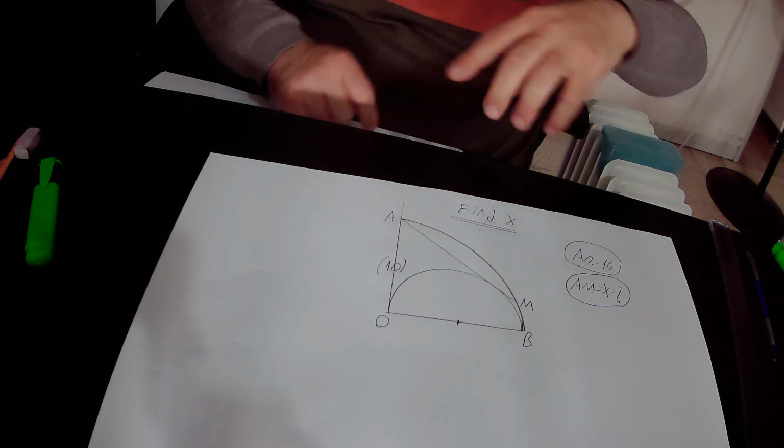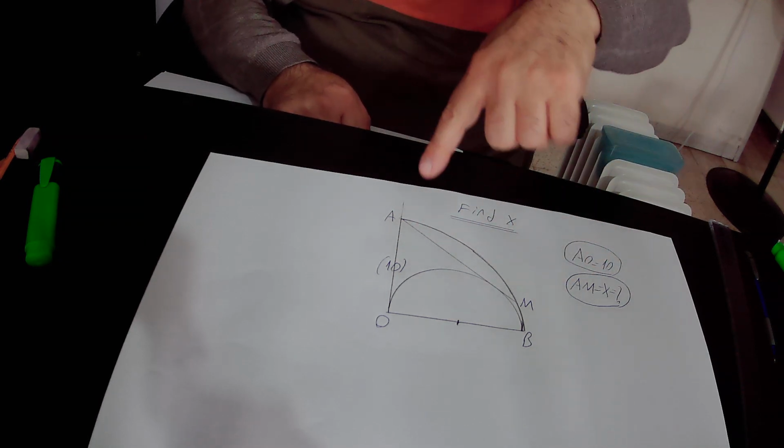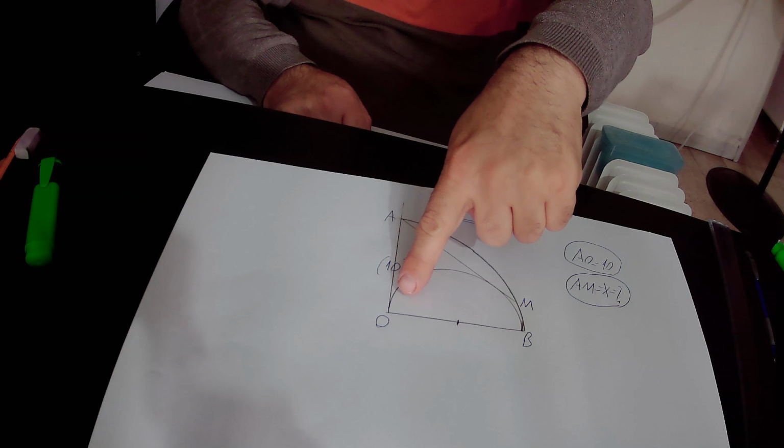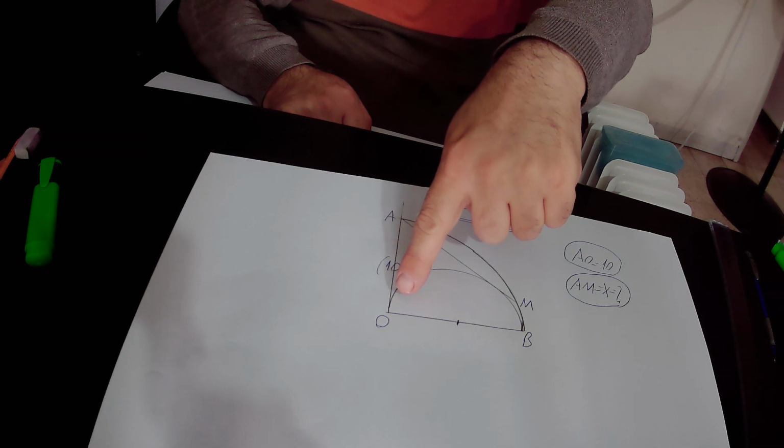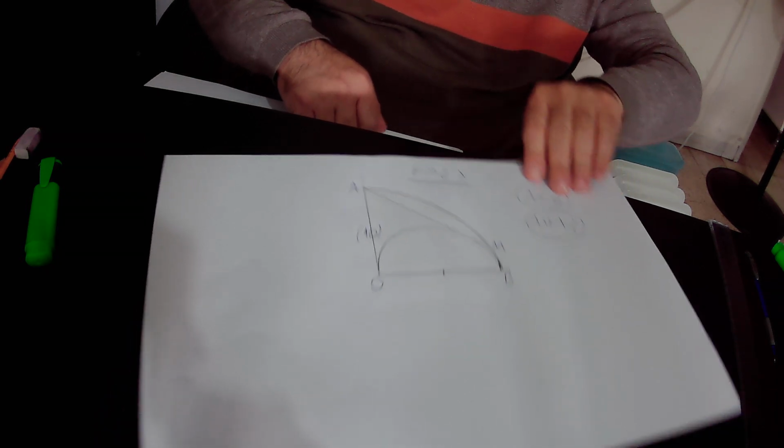Okay, so first of all we know that AOB is a quarter circle, therefore this angle AOB is a right angle. It is equal to 90 degrees in its size.